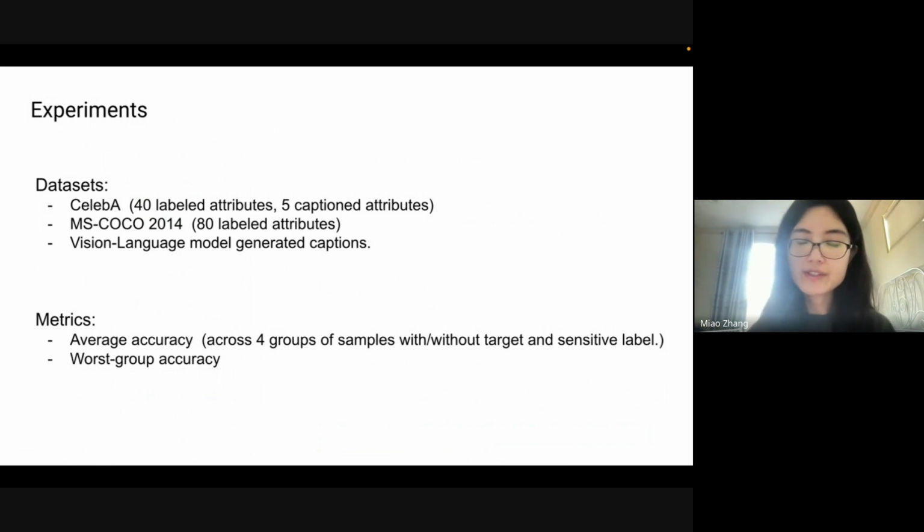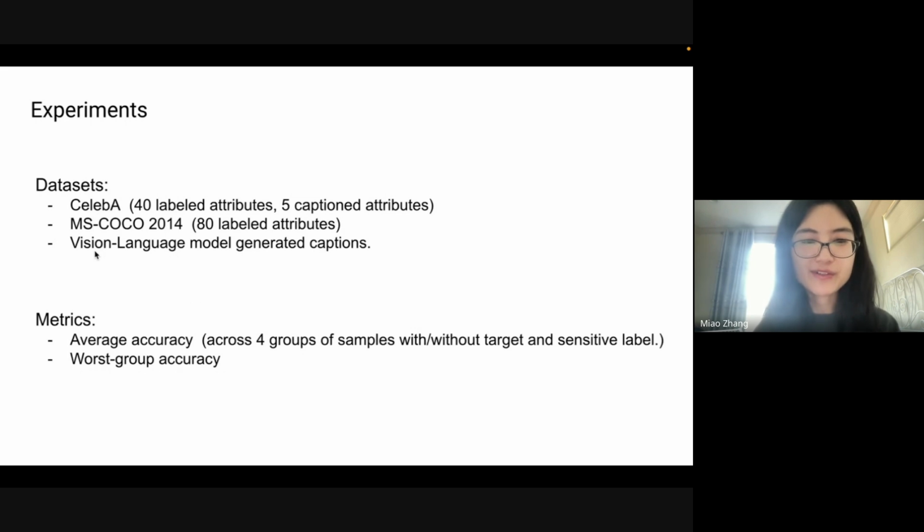For experiments, we used two datasets: CelebA, the face dataset with 40 labeled attributes, but its human-generated captions only include 5 attributes; and the MS COCO dataset, which is more used for object detection or multi-class classification, but we adapted it to binary classification tasks because we want to investigate the feature-to-feature influence.